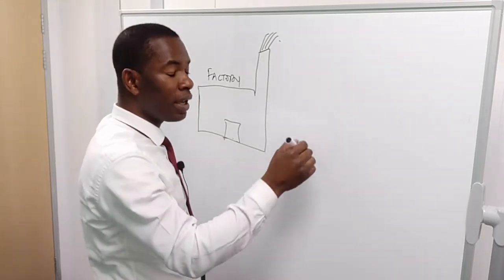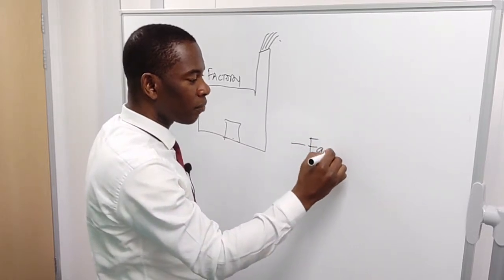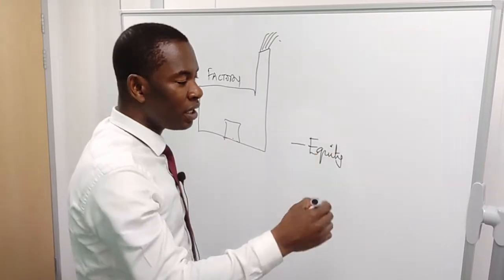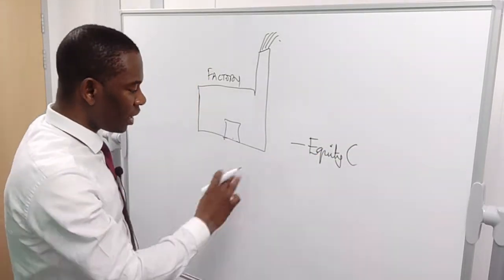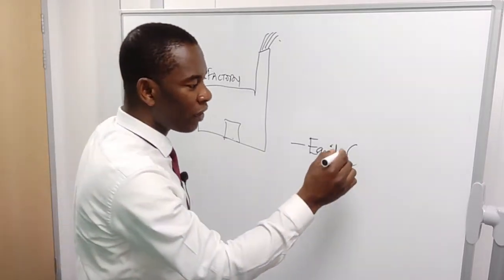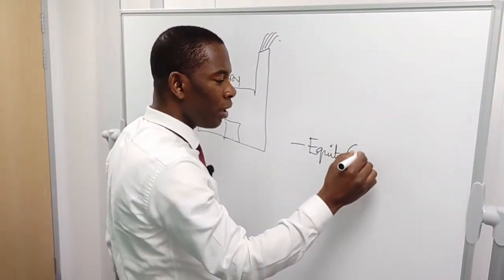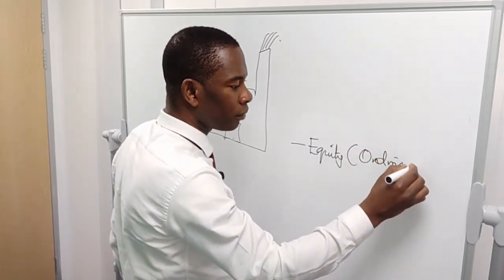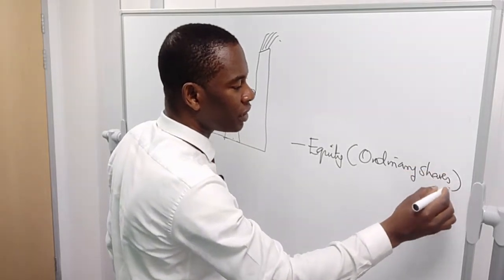They come together, get money themselves, called equity, and that equity, you are then allocated shares of that company. So you now have your ordinary shares.